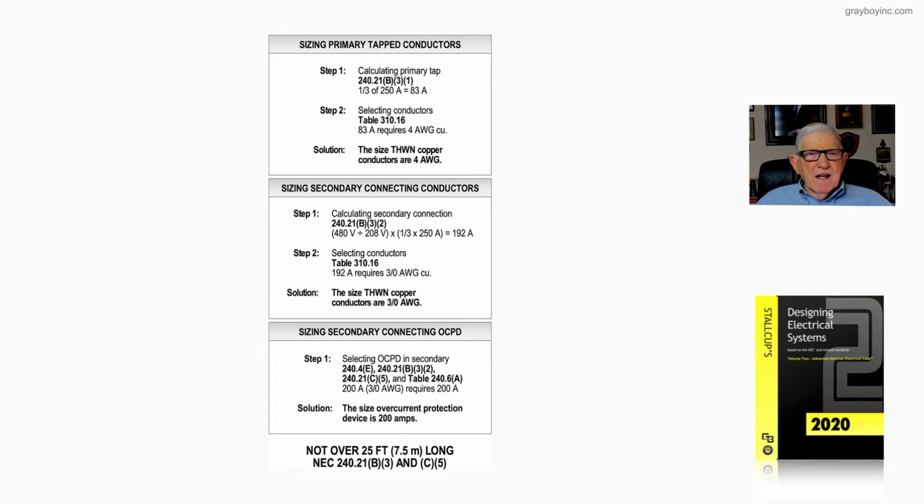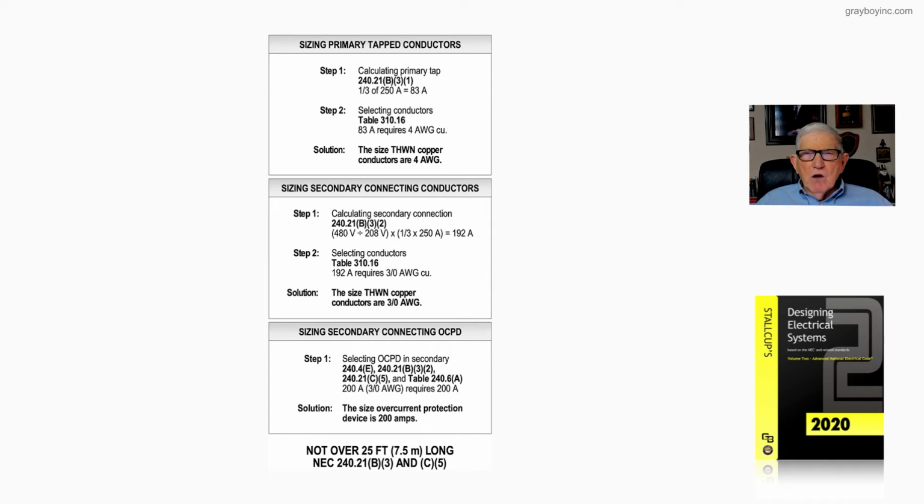Now, to size the overcurrent protection device, step 1, 240.4(E) does list 240.21(B)(3) item 2 as a tap rule, and 240.21(C)(5). We would use table 240.6(A) to select that overcurrent device on our secondary side of that transformer.